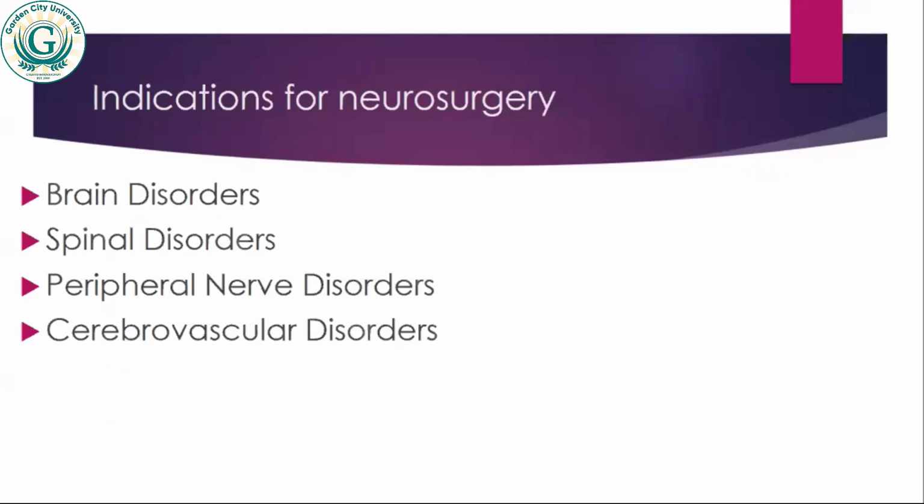Spinal disorders: we have spinal cord compression, herniated disc, stenosis, peripheral nerve disorders. Also we have the neuropathies, right? And then the cerebrovascular disorders: brain aneurysms, arteriovenous malformations, hemorrhagic stroke, intracranial bleeding. They are all there. And I'm sure that you did some of this in Surgery 1.